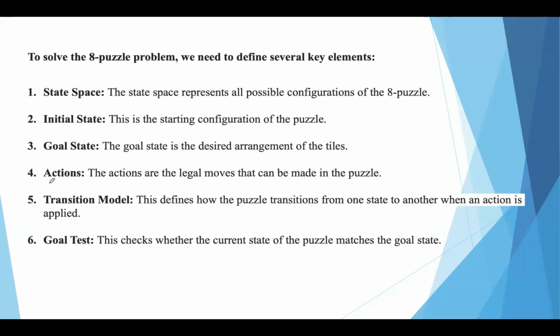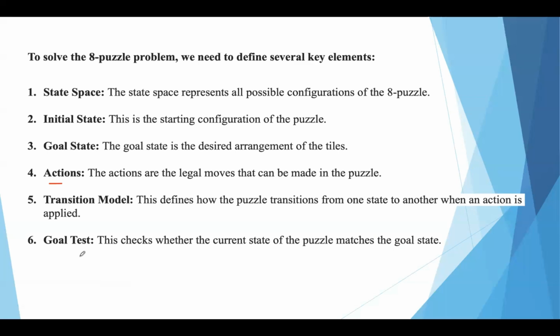Here the actions are nothing but the legal moves that we use in order to solve the puzzle. And the transition model defines how the puzzle transitions from one state to another whenever we apply these actions.